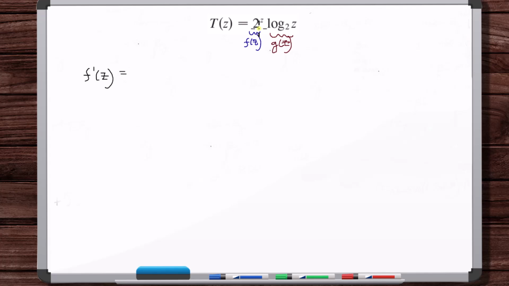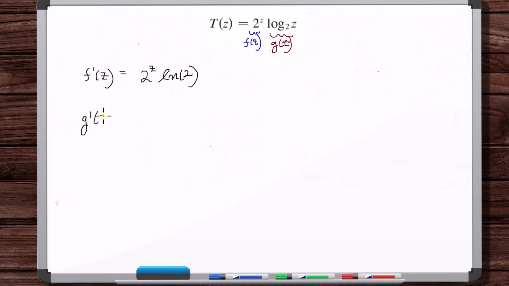Well, 2 to the z power, what is the formula for the derivative of a general exponential? It's the exponential times the natural log of the base, right? So f prime of z is 2 to the z natural log of 2, right? If this was e to the z, natural log of e is 1.